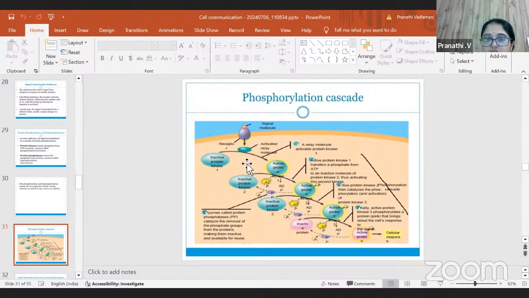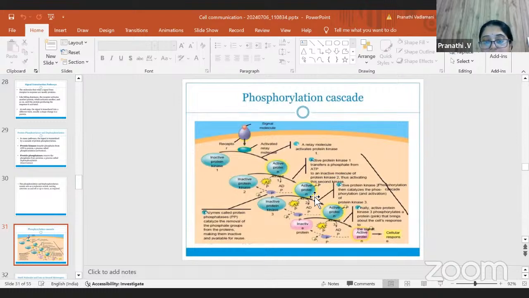If it has to get phosphorylated, ATP or GTP has to break. There is an inactive protein kinase inside the cell, and this gets activated through phosphorylation. The relay molecule is also present and activates the protein kinase, which transfers one phosphate group from the ATP to another inactive protein kinase.